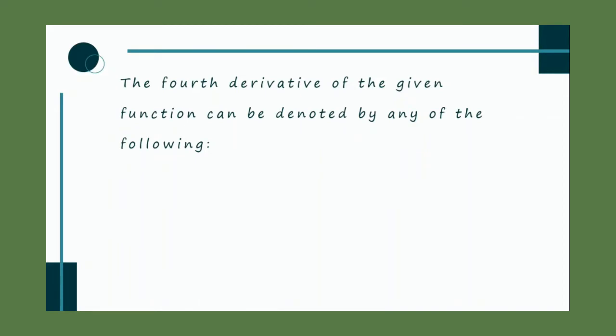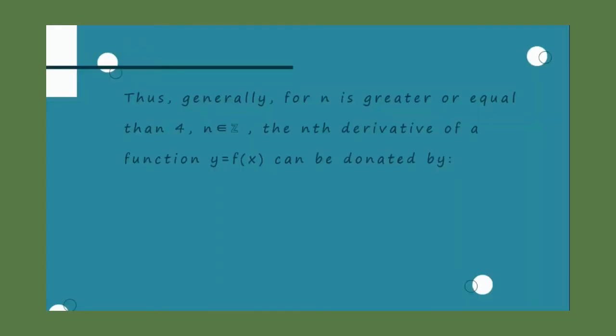The fourth derivative of the given function can be denoted by any of the following. Thus, generally, the nth derivative of a function y equals f of x can be denoted by this.